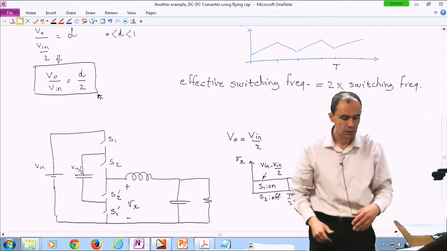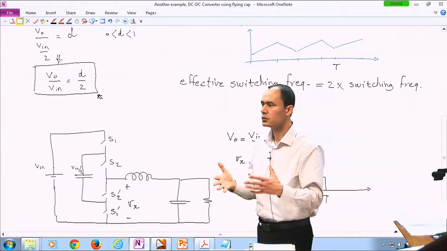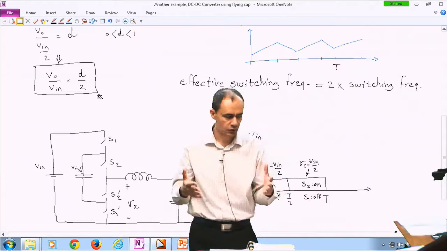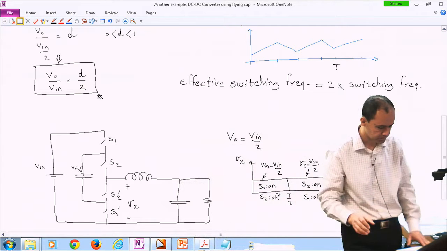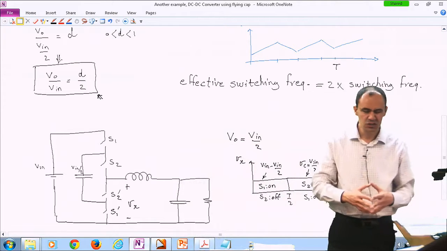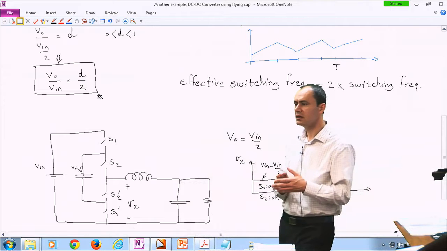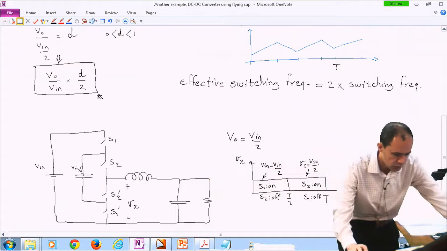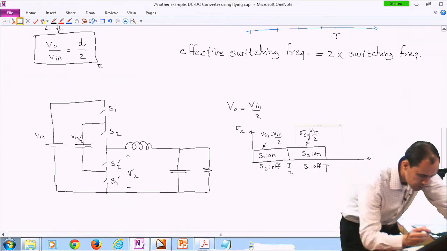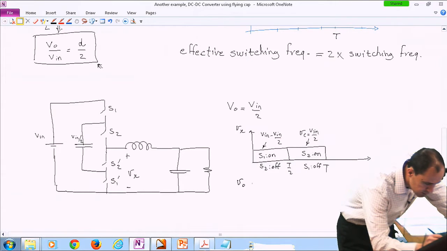And the average value of Vx is the output voltage. Therefore, your output voltage is Vin over 2. So you can argue that Vx is almost, at any given time, Vin over 2, right? So let me write it like this. Vout is the average value of Vx.